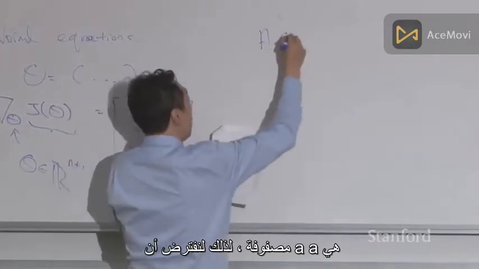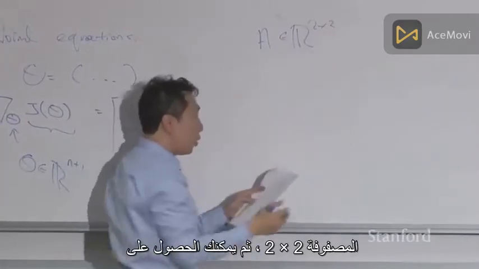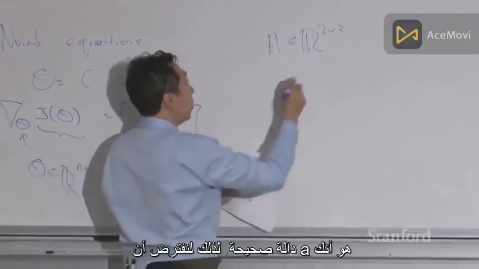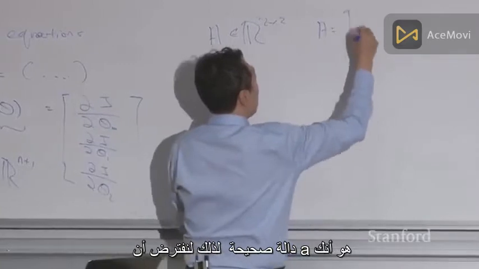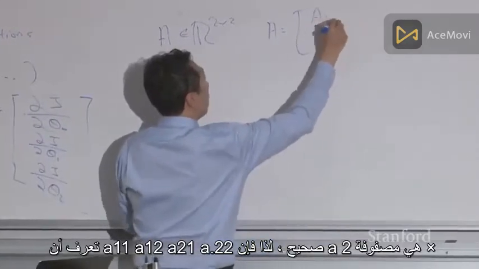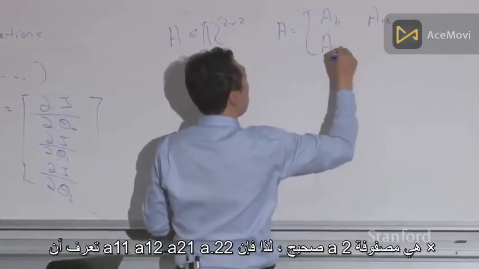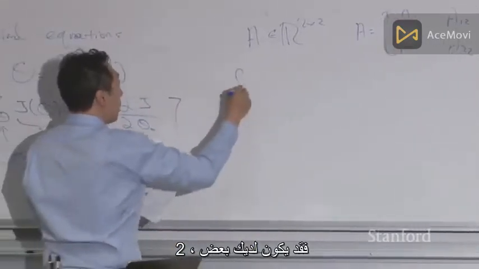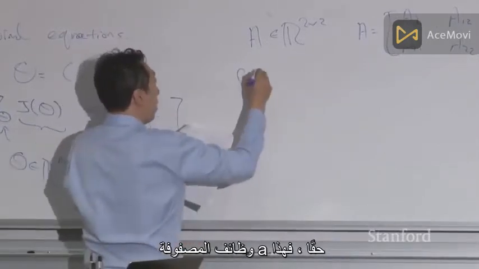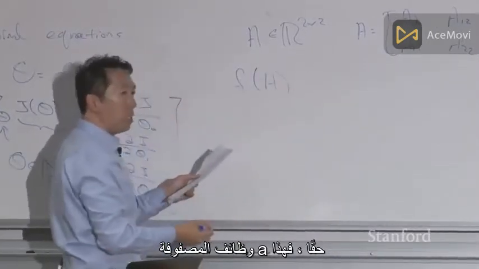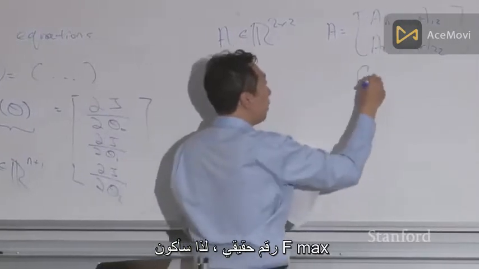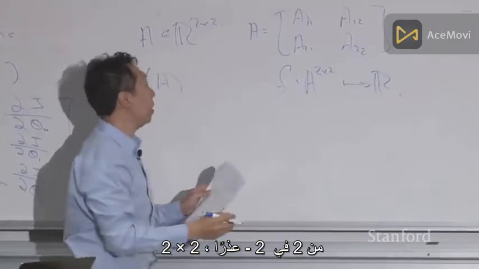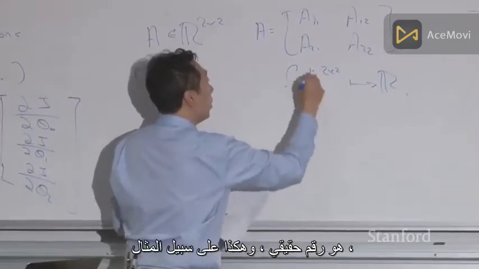So let's say that A is a 2×2 matrix: A11, A12, A21, A22. Then you might have some function of a matrix A that maps to a real number. So maybe F maps from R^(2×2) to the real numbers.